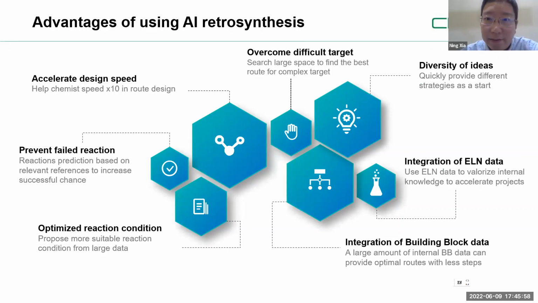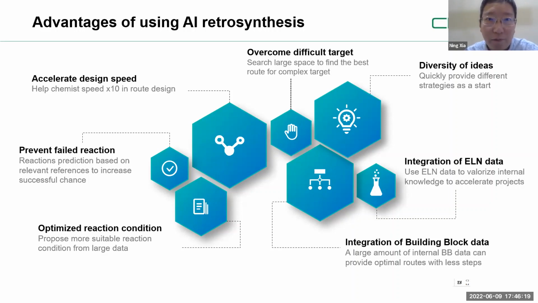And also, it can overcome difficult targets, which means if you have a molecule structure that is very complex, or chemists don't know how to synthesize it, you can try ChemAIRS, and it often gives you a lot of new ideas to make this structure.